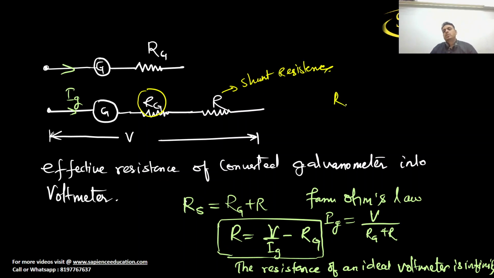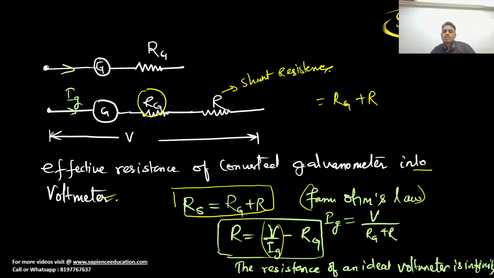So if you add these, the total resistance will be Rg plus R. The effective resistance of the galvanometer converted into a voltmeter, that is Rs, is equal to Rg plus R. From Ohm's law, R is equal to V by I. The current in the galvanometer, Ig, is equal to the voltage divided by the total resistance, Rg plus R.